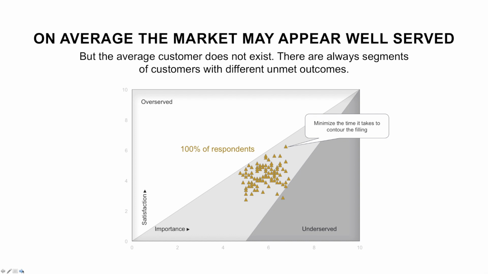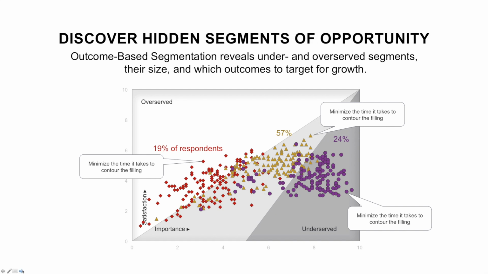But this could be masked artificially because half the market could think that outcomes are very important and unsatisfied. The other half could think that they're unimportant and very satisfied. And on average, it looked like they're all in the middle. So this is why we want to segment. And when we do, we'll find out that there are, in most cases, very different sets of customers who require different strategies in order to pursue them successfully.